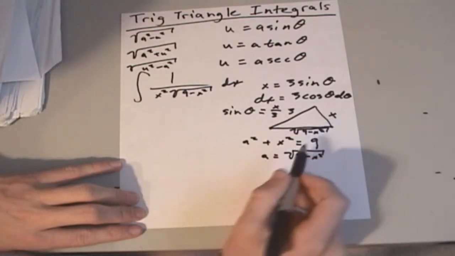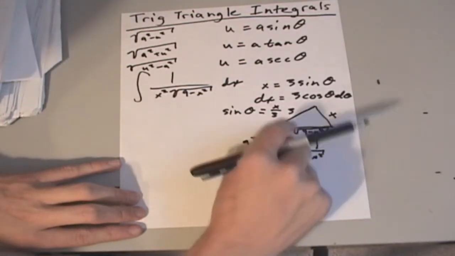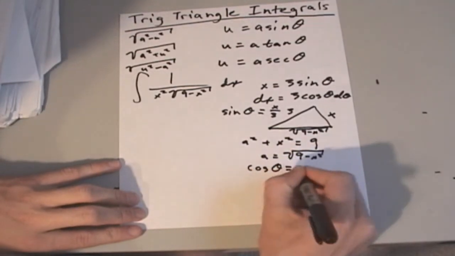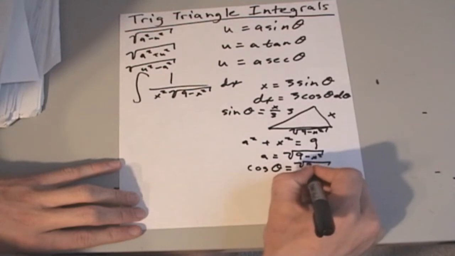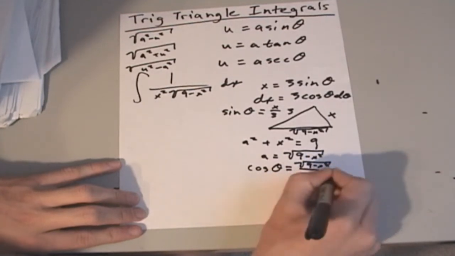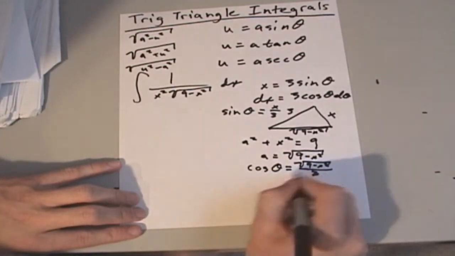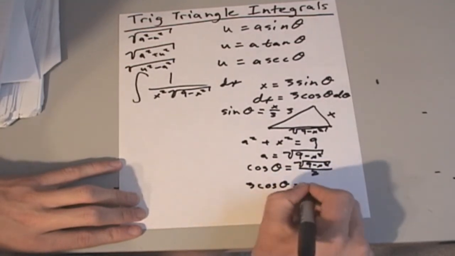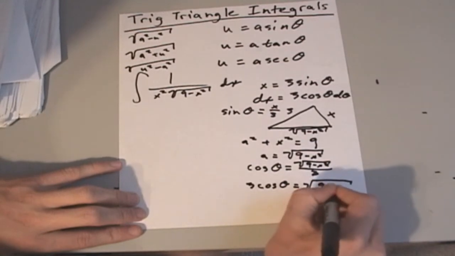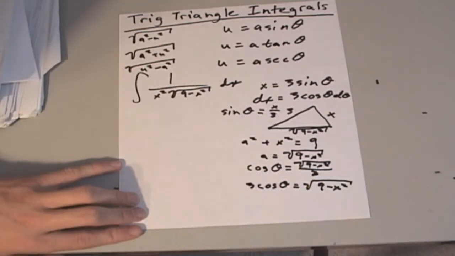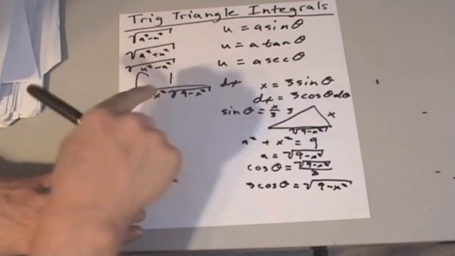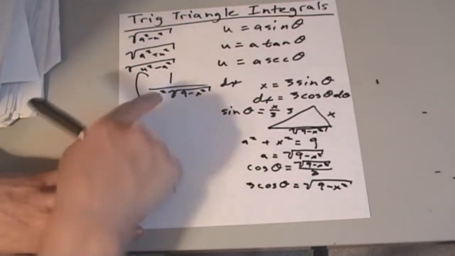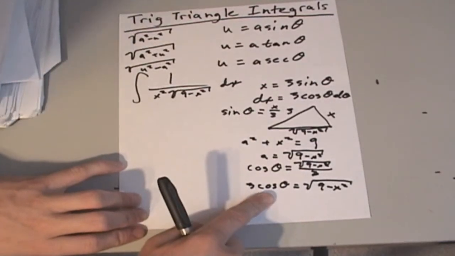So, since cosine is adjacent over hypotenuse, we know cosine theta is equal to the square root of 9 minus x squared over 3, which is equal to 3 cosine theta equals the square root of 9 minus x squared. So now we should have all the parts necessary to replace this integral, which we can't solve without any substitution, with the trig functions, which we should be able to.